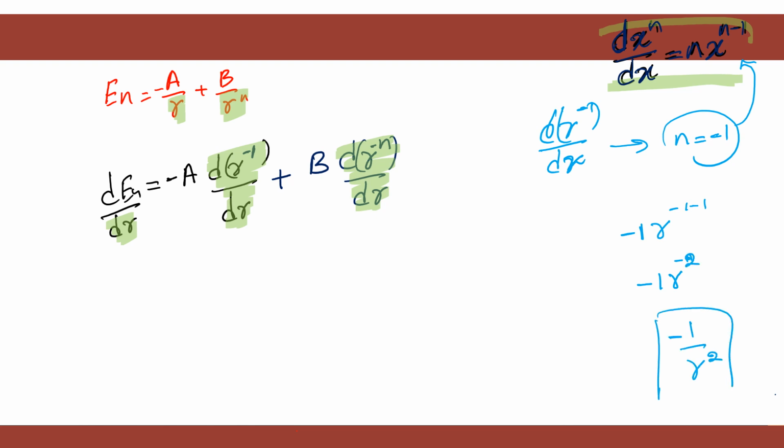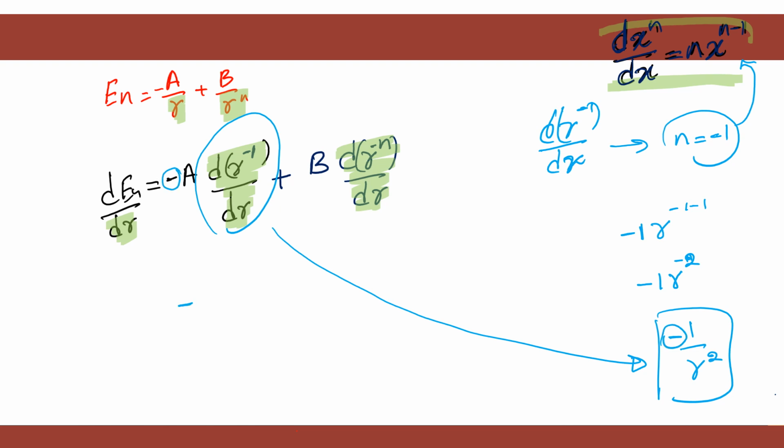When you take the derivative of this one, you get this. This part is becoming that. Is that right? Did you get the same? Okay, so that part is done. So I'm going to write negative, and negative will become plus, isn't it? So I can write it here as A over r squared. Do you agree with me? Next one is what?